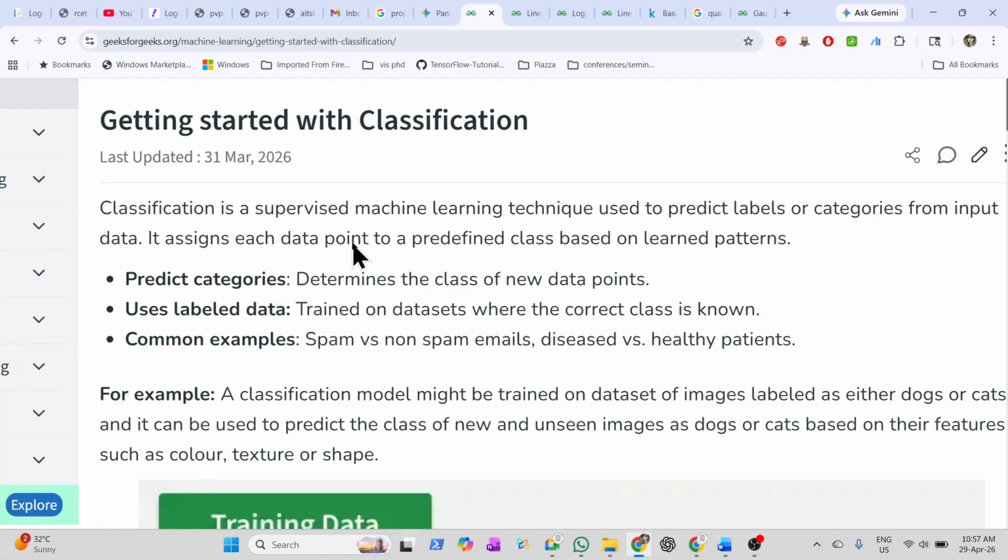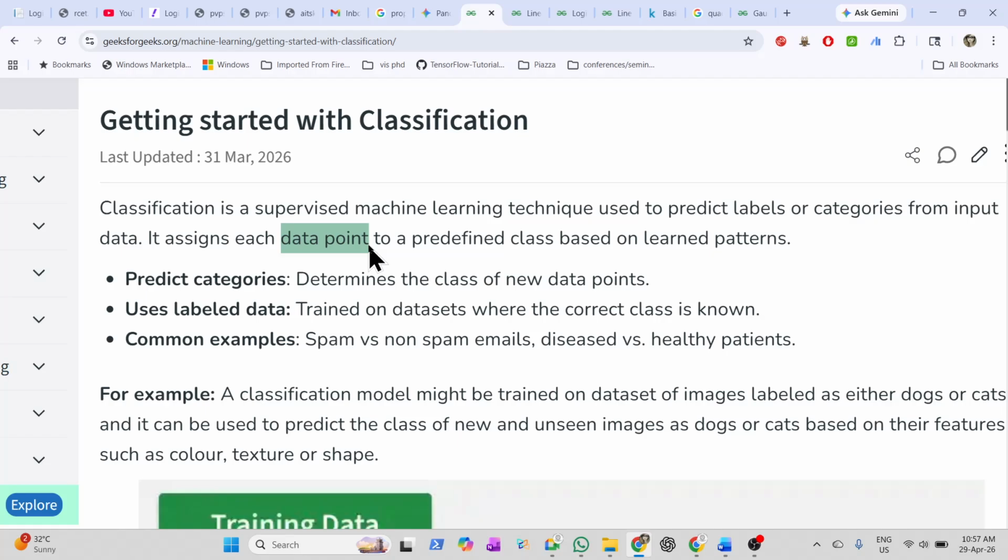It assigns each data point to a predefined class based on learned patterns. Just now what Janvi said is that it discovers the pattern on its own from the data. Whatever pattern it has learned during the process of training, using that it assigns each data point. Each row is called a data point.